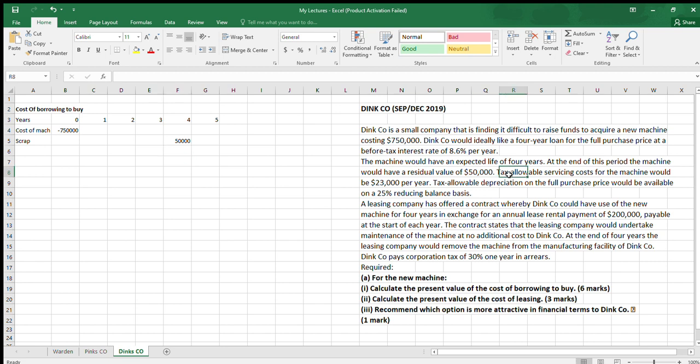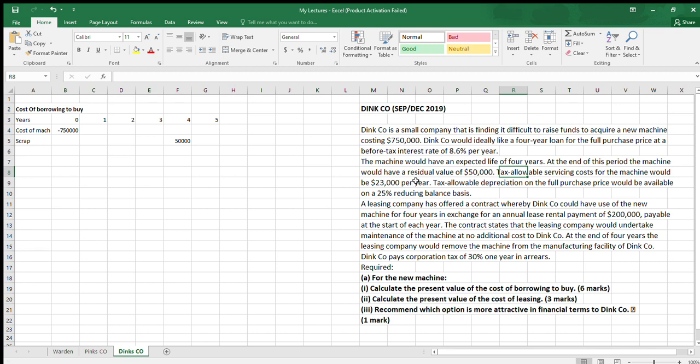Tax allowable servicing cost for the machine would be $23,000 per year, which is very simple. Meaning that there is a servicing cost of 23,000, which they pay throughout the useful life of the asset.